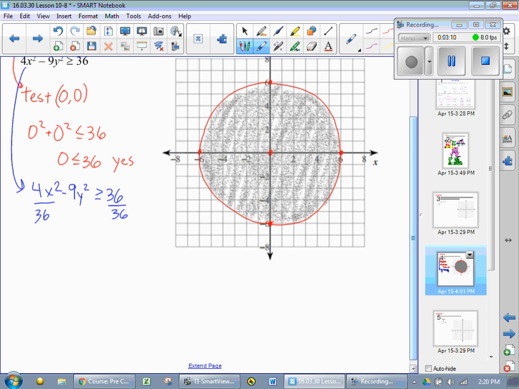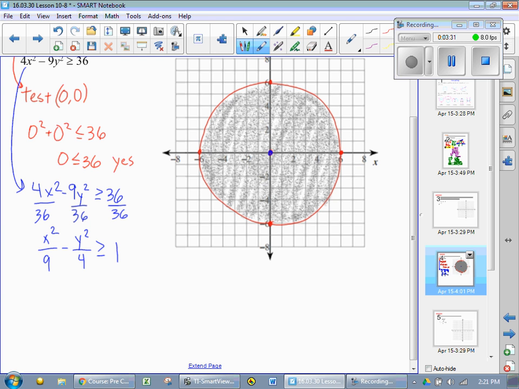So I divide everything in the equation by 36, and it simplifies to x squared over 9 minus y squared over 4 is greater than or equal to 1. So you can see that the center of this hyperbola is at 0, 0.